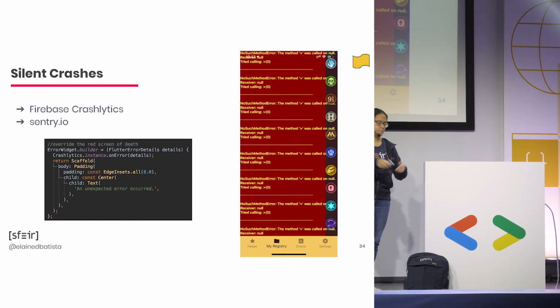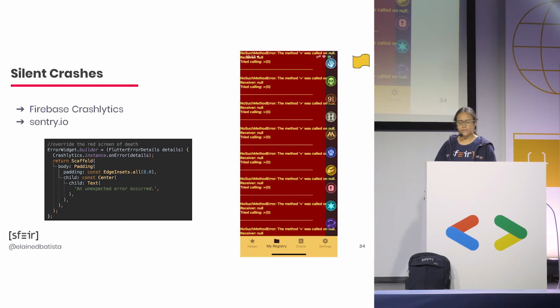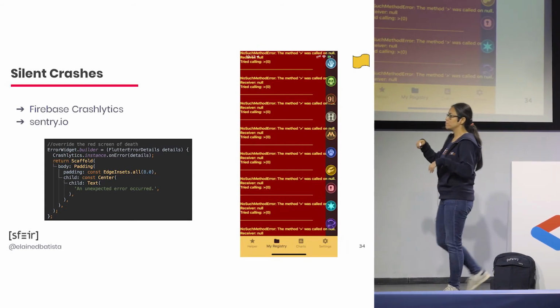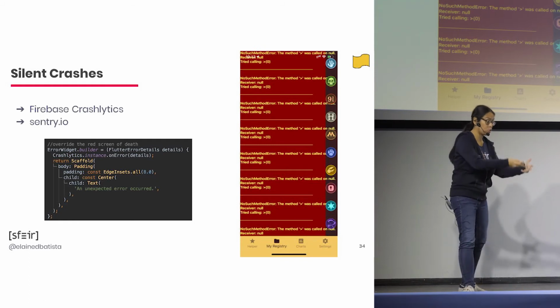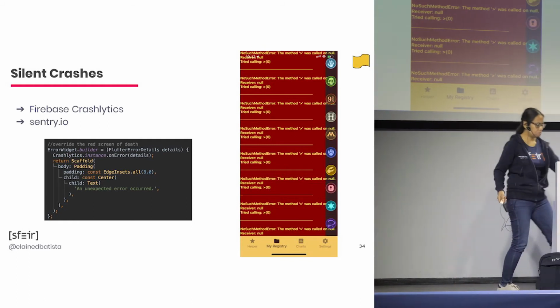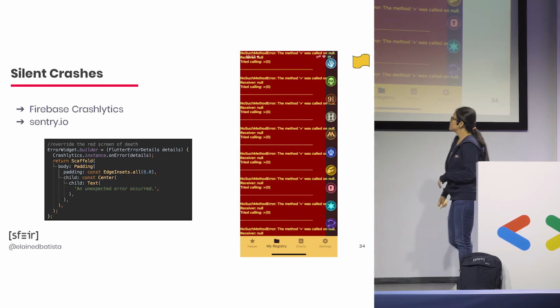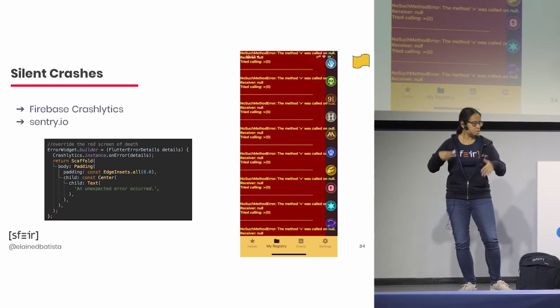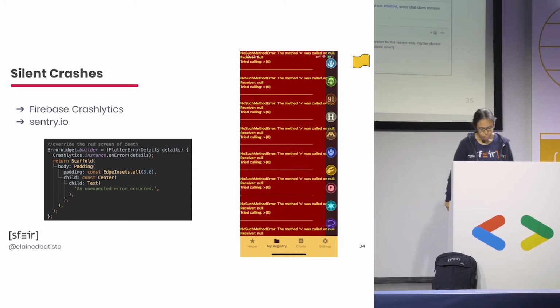Crashlytics is a tool for sending and analyzing bugs. And then, instead of showing the red screen of death, I'm showing something that I know, that I can handle, that I control. So I'm showing here an unexpected error occurred. So yeah, you have to do some manual work in order to correctly handle those crashes.